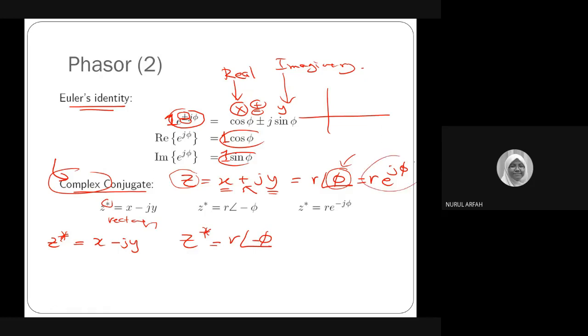So z asterisk becomes r e^(-j theta), like this. This is how you write it in terms of complex conjugate.